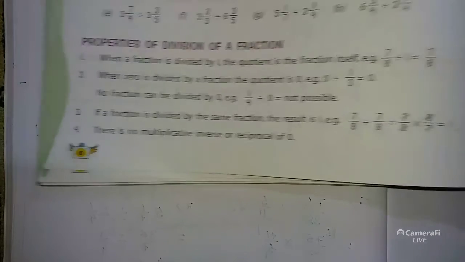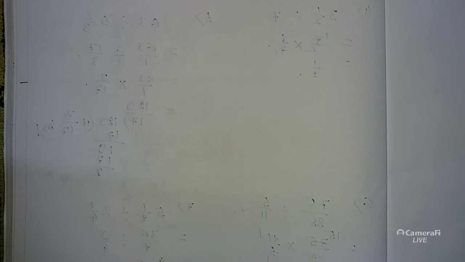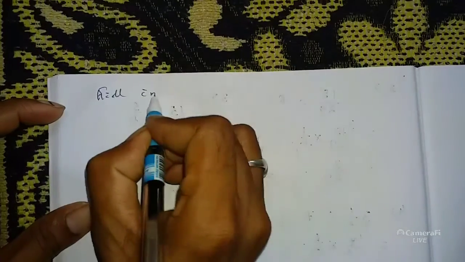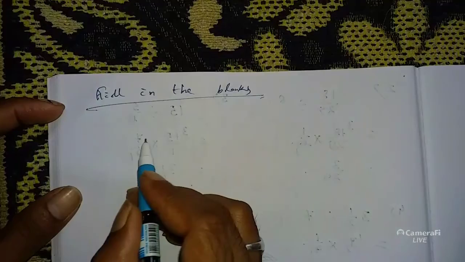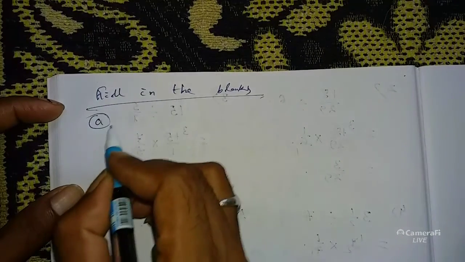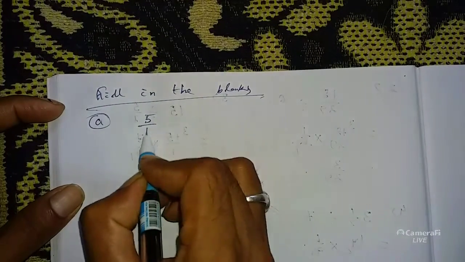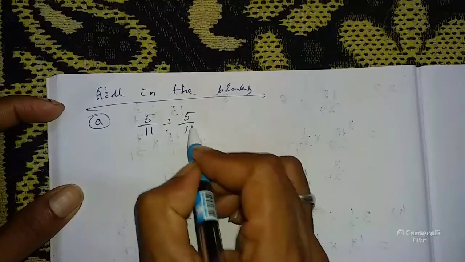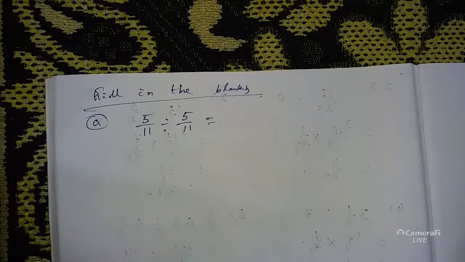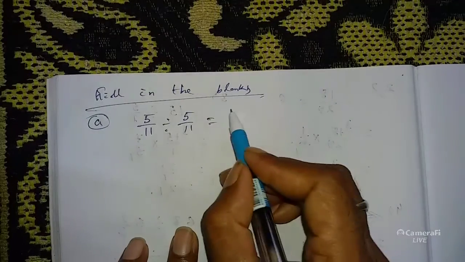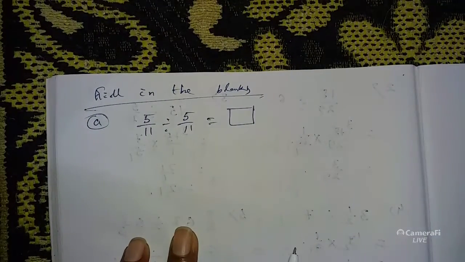Now coming to some applications of these properties. Fill in the blanks. Number A, 5 by 11 divided by 5 by 11. Without dividing or calculating, we can write the answer. What will be the answer? Write it in the box.